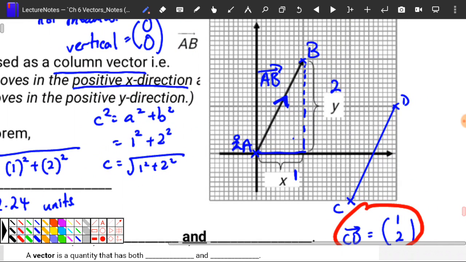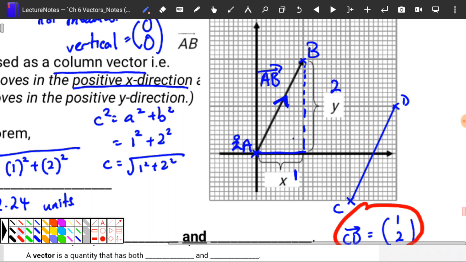So, there is something unique about vectors. Vectors say this: as long as my horizontal component and the vertical component are the same, they are equal. Even though these two lines look like they start from different points. A starts at the origin, C starts at some other point. But why are these two the same? Two conditions: the same magnitude and the same direction.